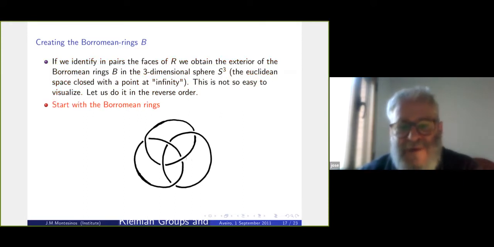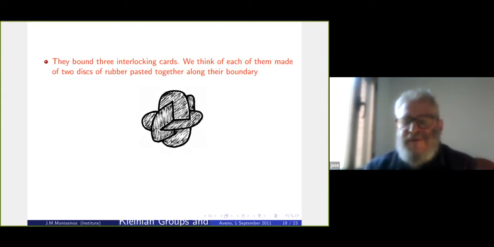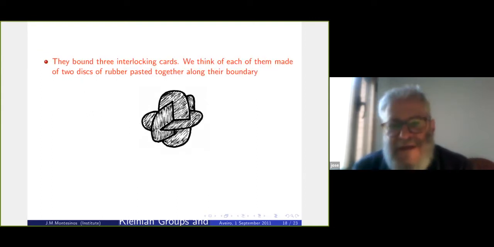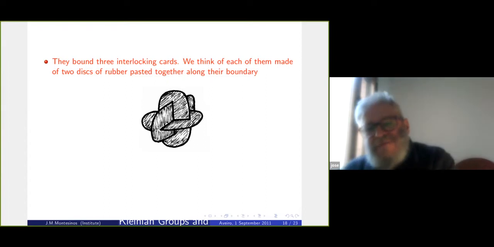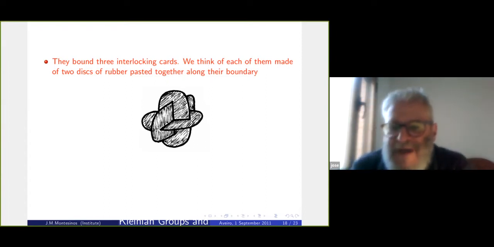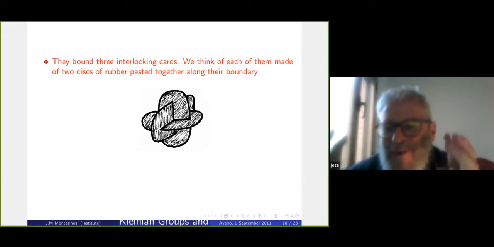So you start with the Borromean rings, and these Borromean rings bound 3 interlocking cards. We think of each of them made of 2 discs of rubber pasted together along the boundary. So you have to think that these cards are made of rubber, so you can inflate what is inside. You put some sort of tube and you put air, and this thing starts growing up.